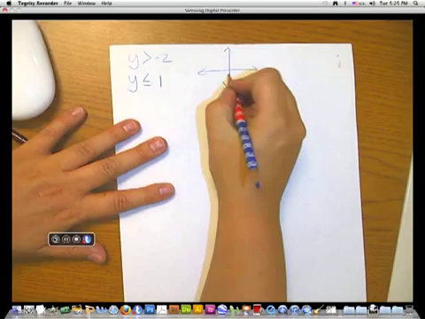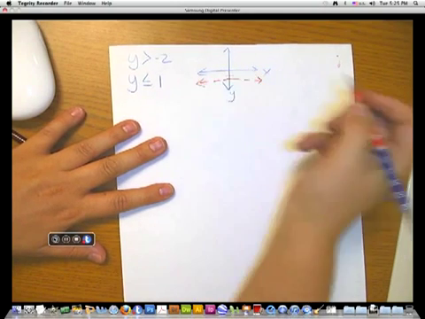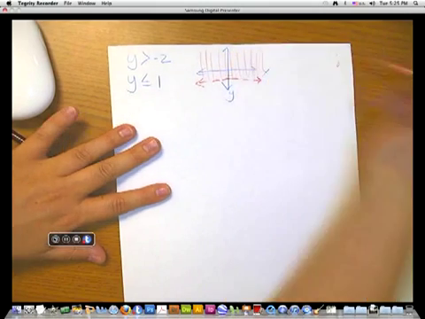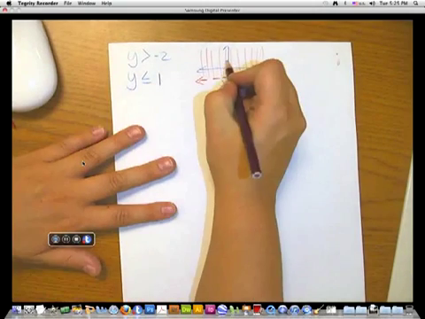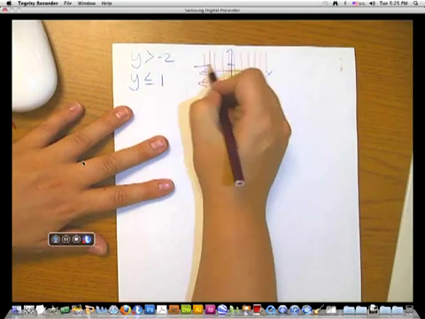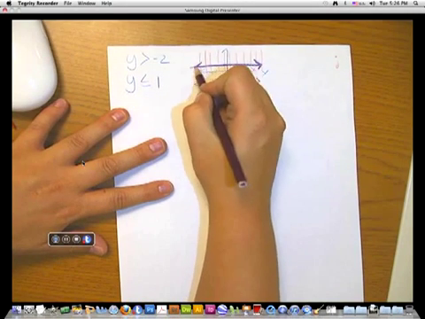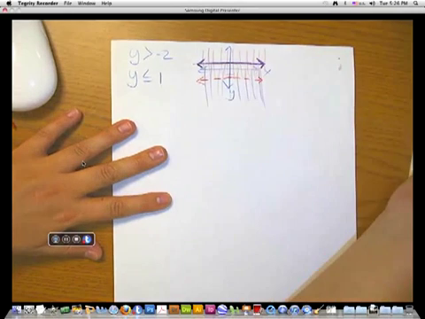So y = -2 is a dashed line. Greater means we're shading above. Y less than or equal to 1, here's 1. It's equal to, so it's solid. And it's less, so we're shading below.